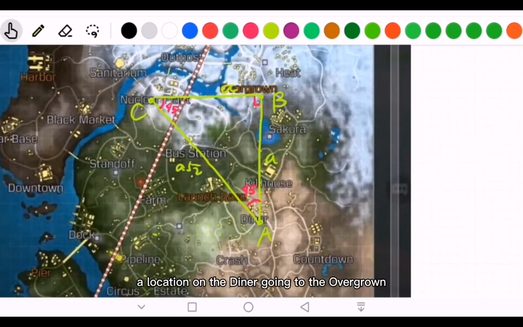From the location at the diner going to the Overgrown has the same length as from the Overgrown going to the Nuclear Plant, meaning this side AB is congruent to side CB.